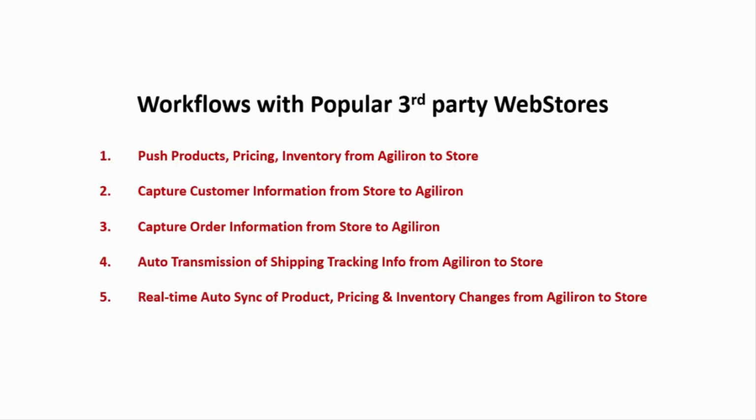The capture of order information from the web store into Agiliron. 4. The automatic transfer of shipment tracking information from Agiliron to the web store on completion of shipping from Agiliron. And 5. The automatic synchronization of product pricing and inventory changes from Agiliron to the web store in real time.